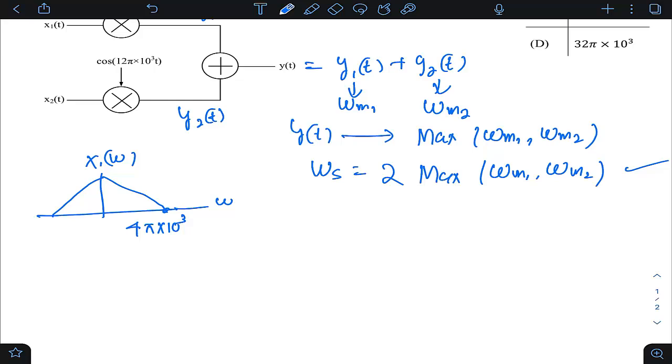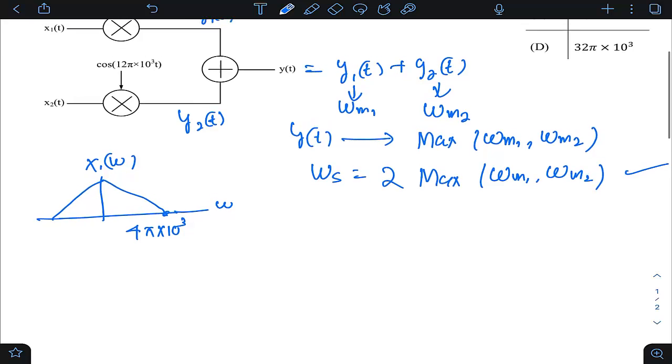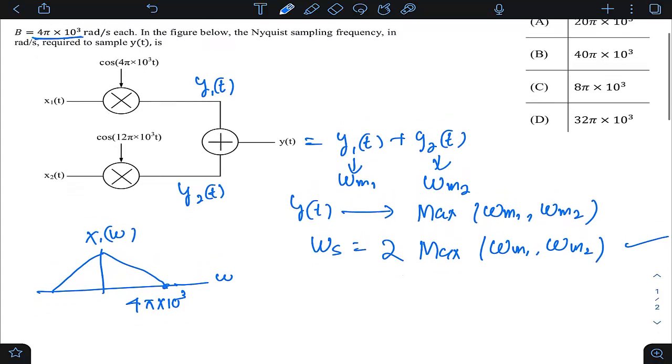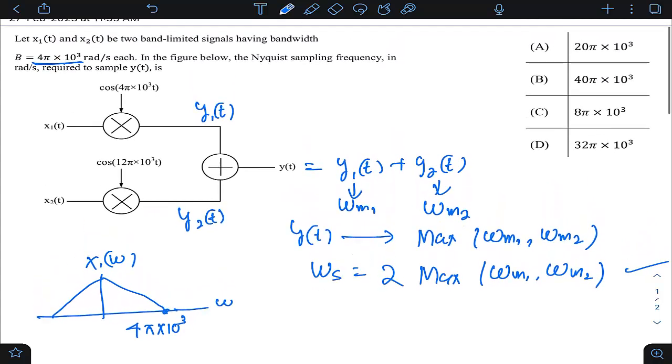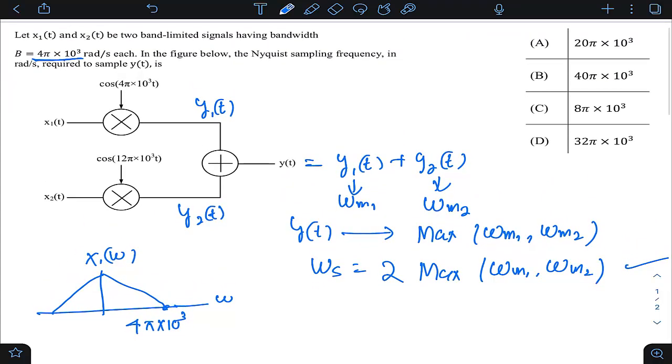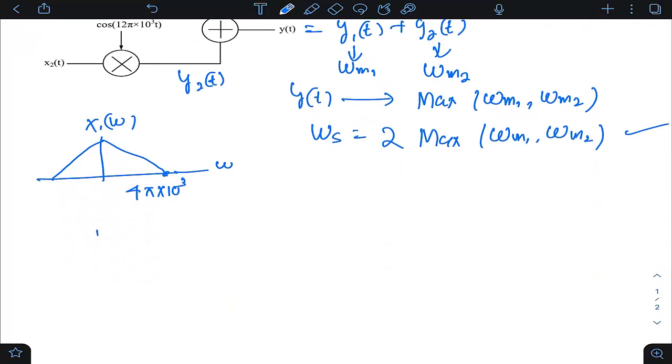Now X2 also has a bandwidth. So this is X1(omega), and let's say X2(omega) is of this shape. This is your X2(omega), this is your omega axis, and this point is again 4 pi into 10 raised to power 3.